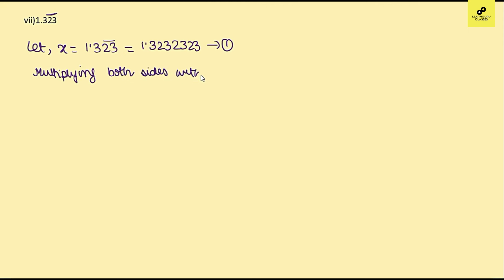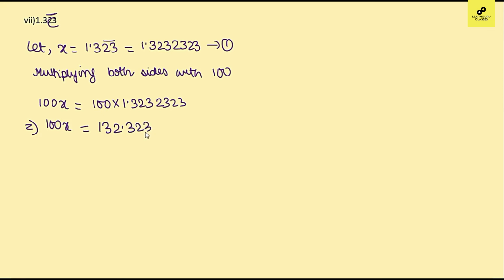With what will you multiply? Since only 2 digits are under the bar, you will be multiplying it with 100. So this is 100x. So 100 into 1.3232323. So 32 will come before the decimal. So 132.323232. Okay.